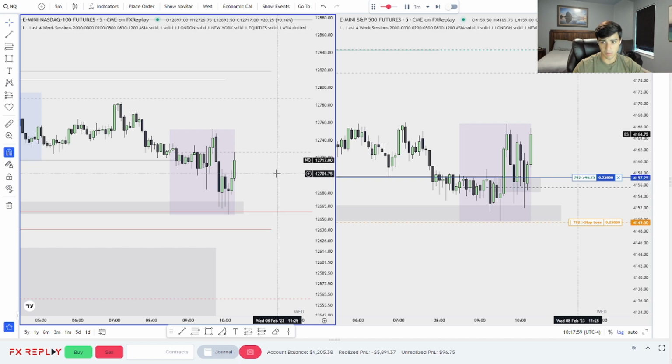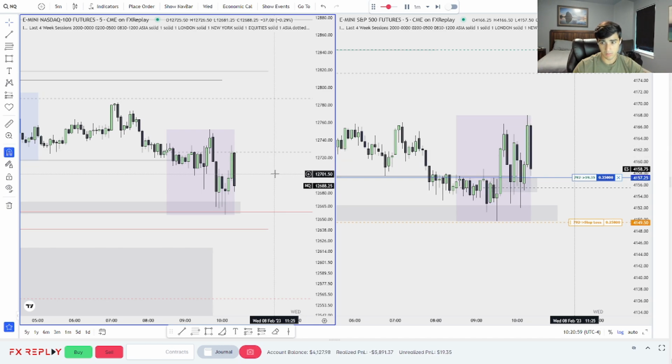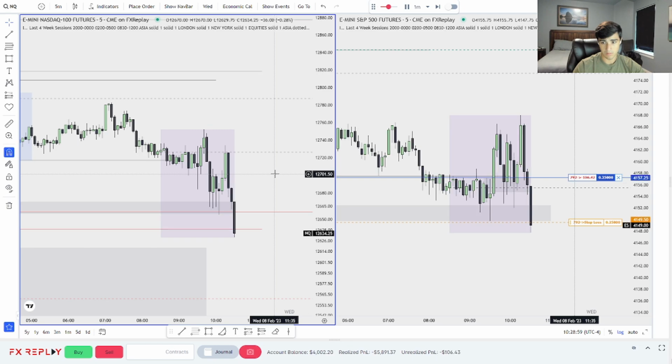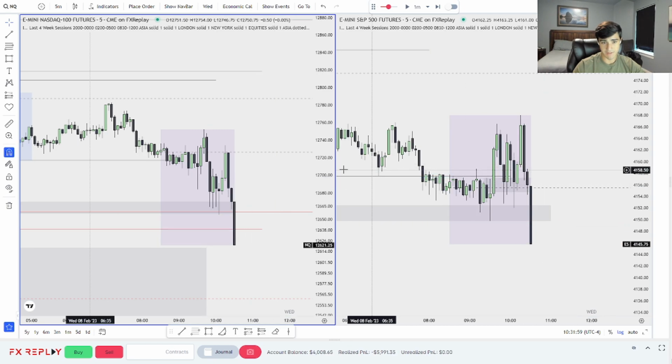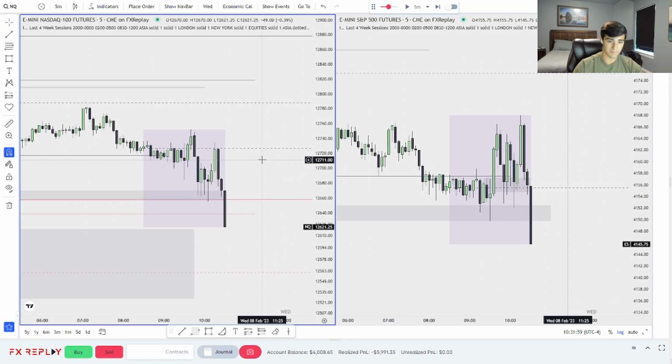Look at that breaker block hold. Wow. But it is insignificant. So there you go.